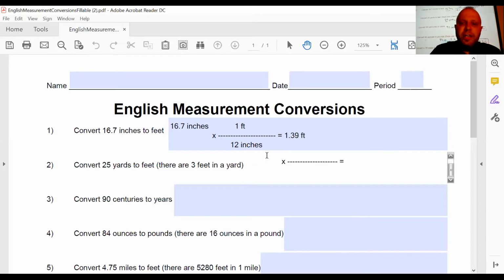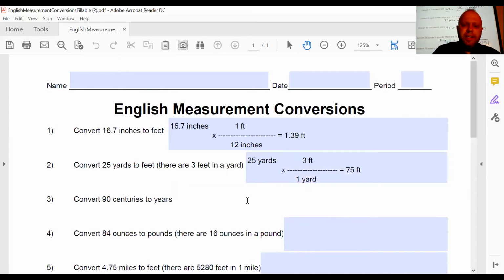Then, as you saw earlier up on the first line, we're going to type in that we have 3 feet in every 1 yard. And that turns out to be an answer of 75 feet. And you could abbreviate that.